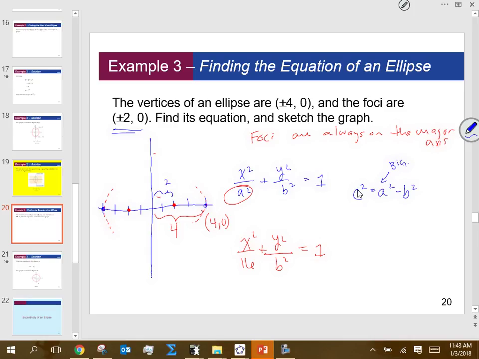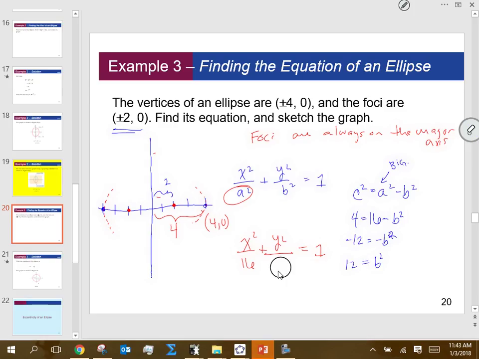So c squared would be 4. And a squared, that's the bigger of these two, and the denominator comes from the major axis, so that's 16, minus b squared. Now when I subtract 16 from both sides, I get negative 12 is equal to the opposite of b squared. So b squared is going to be 12.